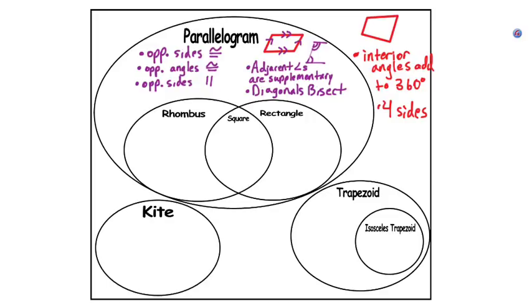All right, and then from there, this is an interesting fact: a rhombus meets all of the requirements of being a parallelogram, and then the additional fact that it has 4 congruent sides. So a rhombus is just a parallelogram that has 4 congruent sides as well. And we see here that the diagonals will now bisect the angles.